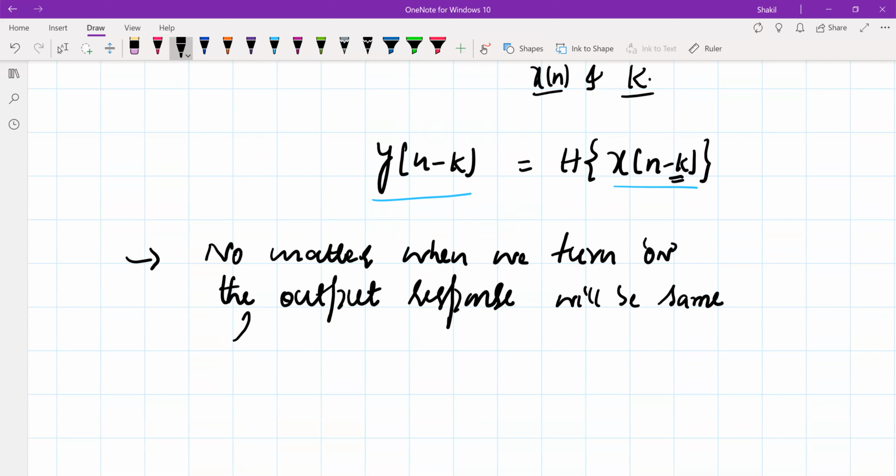So for a given input, the output is always the same, no matter when you apply this input. So by definition, this is the definition.